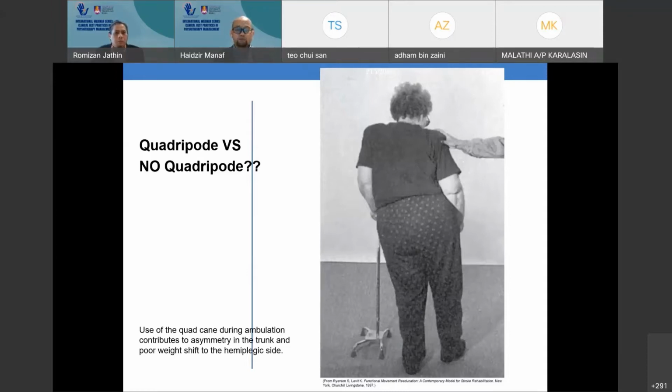So with prolonged use, the patient also fails to develop an appropriate balance mechanism and develops asymmetry in gait performance, gait parameters, gait characteristics. So they will promote asymmetric gait performance. Excessive weight shift becomes less on the affected side.